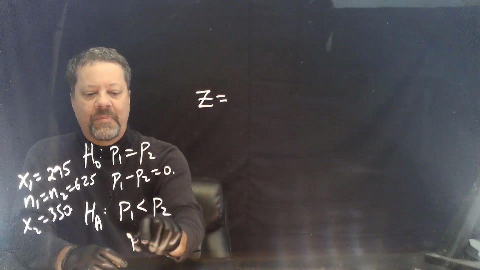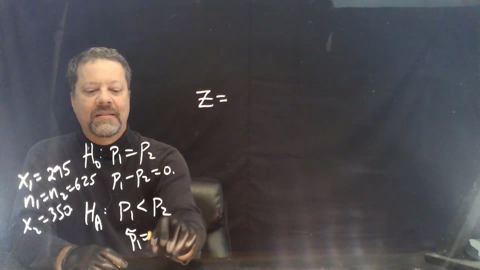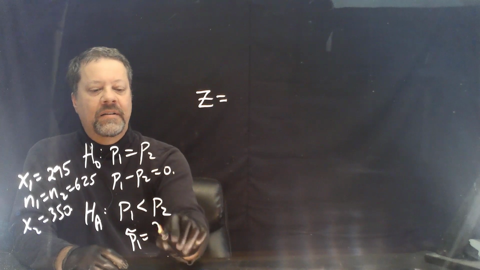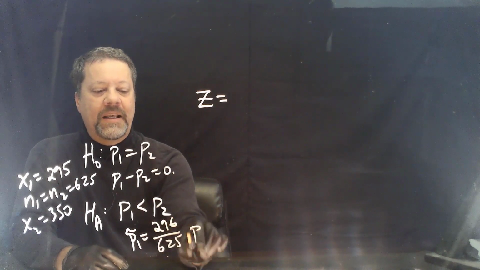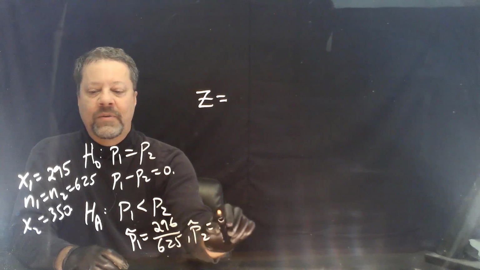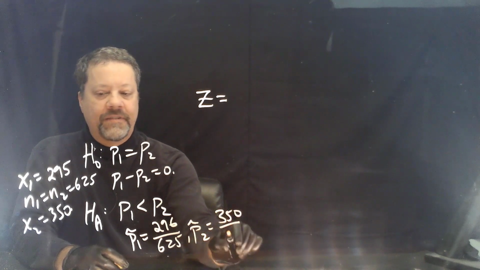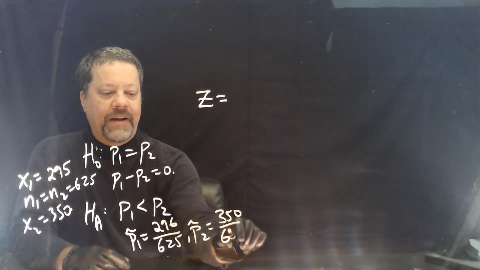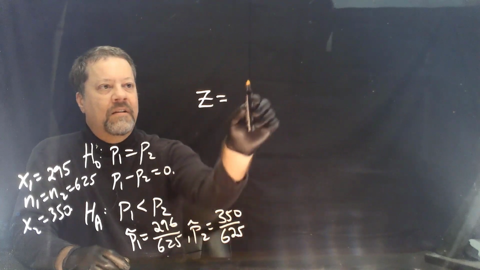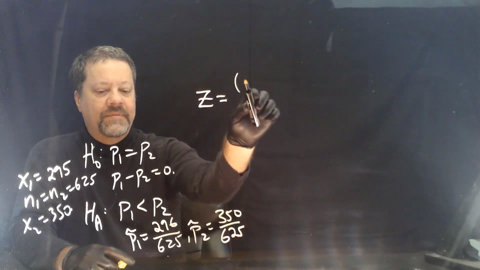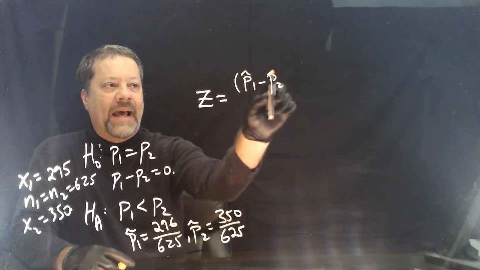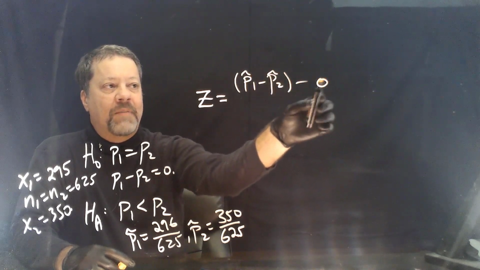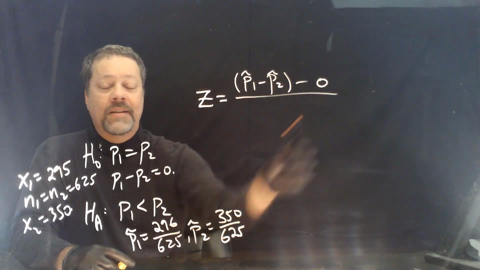P1 hat will be 295 divided by 625, and P2 hat will be 350 divided by 625. Remember, the sample statistic here is going to be P1 hat minus P2 hat minus the null hypothesis difference, which in our case is 0.